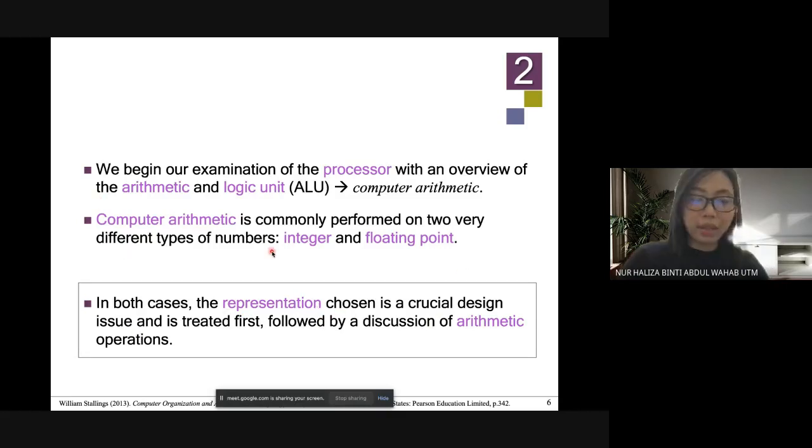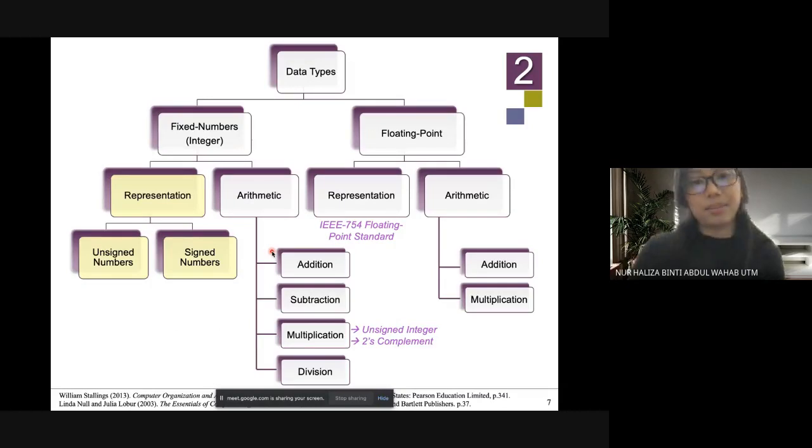You can read and go through it. Here you can see there are two big differences between fixed point, which is integer, and floating point. Normally, you look at this fixed point, your integer, in the representations of unsigned and signed numbers.